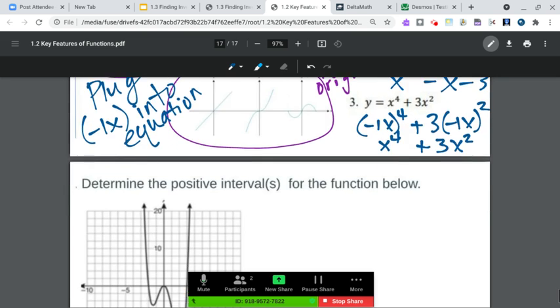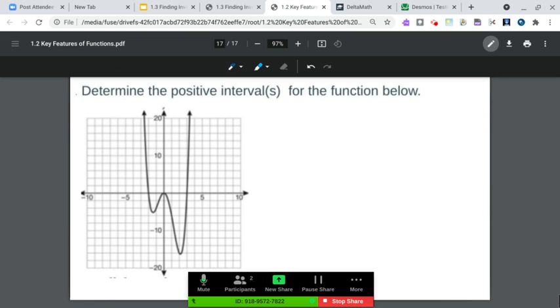Okay, I know our time's up. I just want to do one more thing really quick. I just want to talk about the concept of a positive interval versus a negative interval. Very simple. Positive means the graph lies above the x-axis. Negative means it lies below. So where is this graph positive?